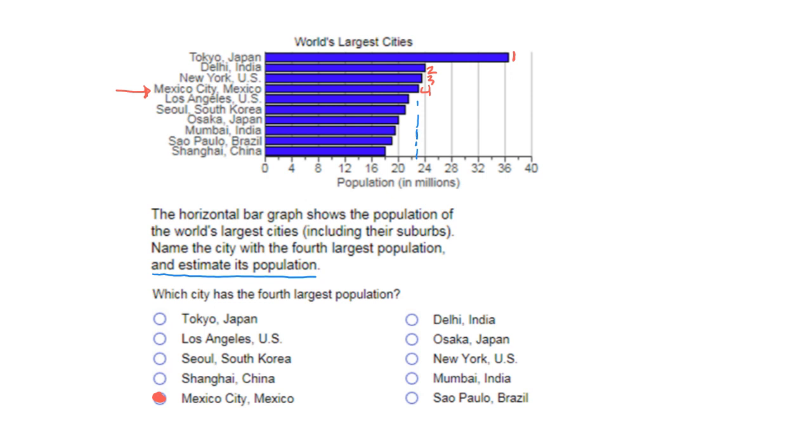I would say the estimate is about 23. Remember, this is measured in millions. So 23 million would be the population.